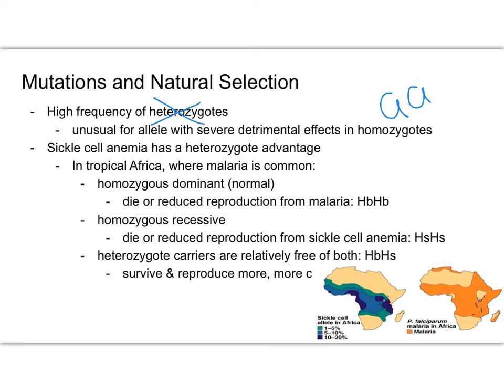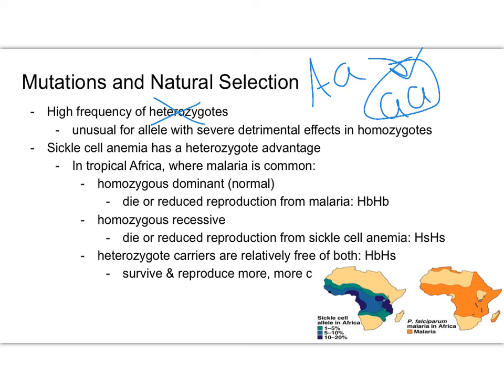To have a high frequency of heterozygotes is usually unusual for a genotype where it is a bad thing to be homozygous recessive, because by having a lot of heterozygotes, we run the risk of increasing the frequency of this little a genotype. So it is unusual to have a lot of heterozygotes when the homozygous recessive genotype is detrimental. An exception to that is going to be sickle cell anemia.